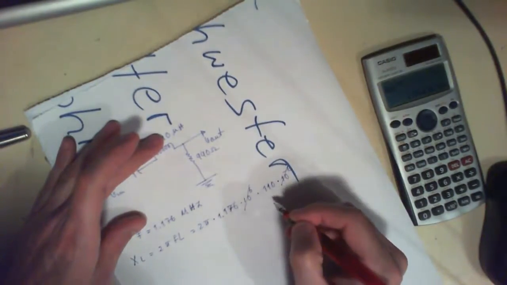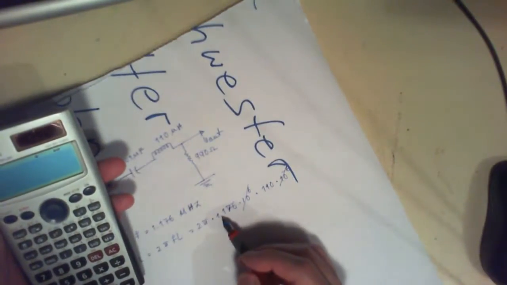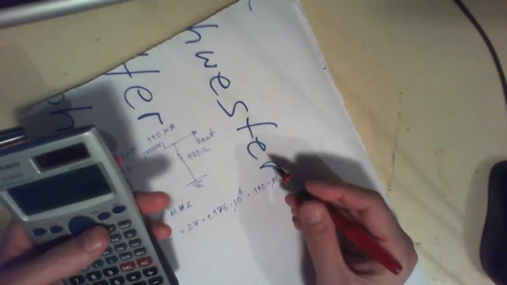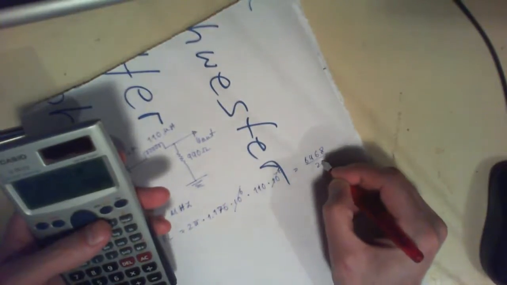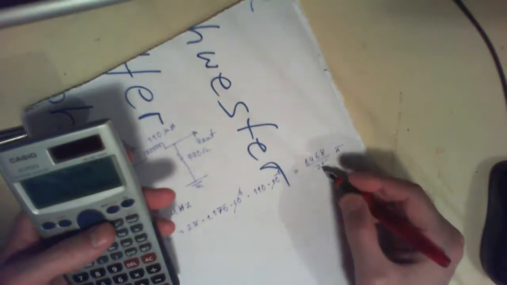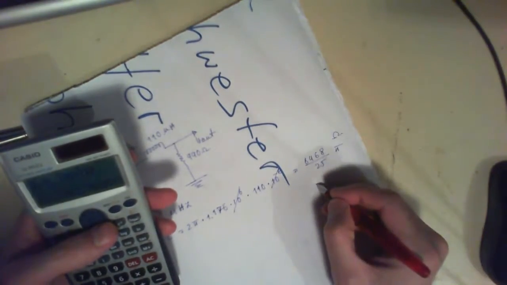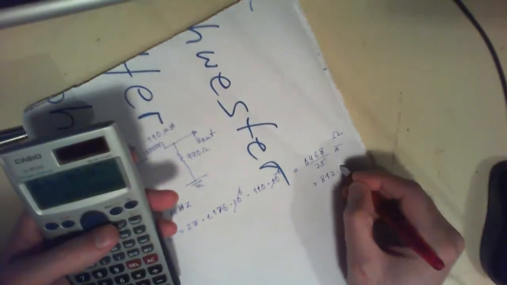These two you can cancel out, and then you have 2 pi times 1.176 times 110, which is 6468 by 25, 6468 divided by 25 pi, which is roughly 812.8 ohm.